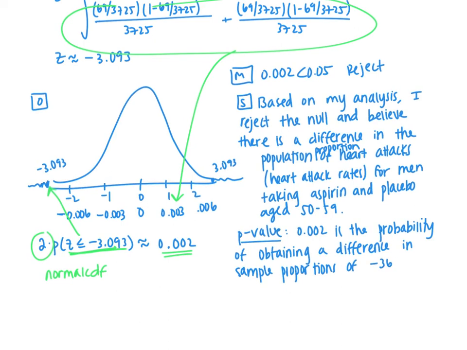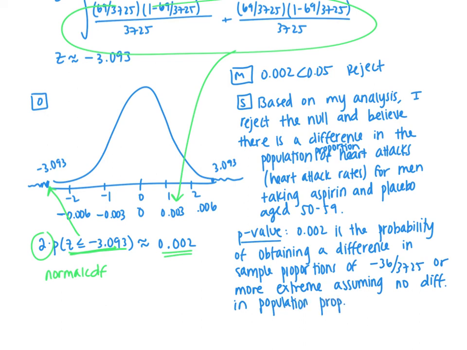Of negative 36 out of 3,725, or more extreme, assuming no difference in the population proportion of heart attacks for, can I just say ... and you can fill in the rest of the context? Are we okay with that?